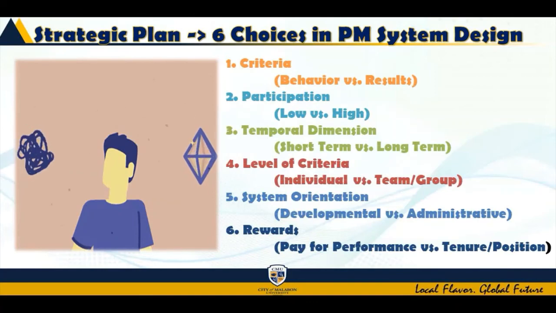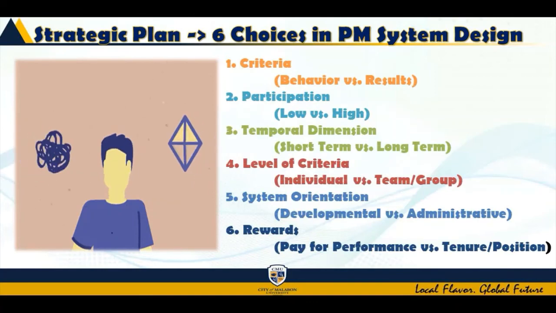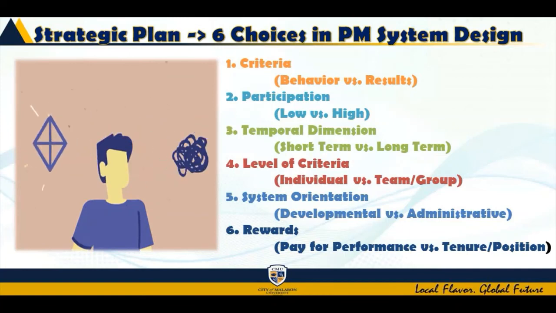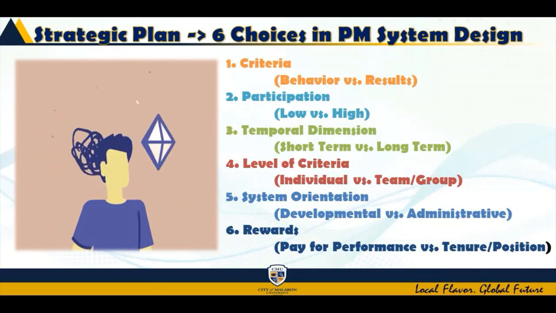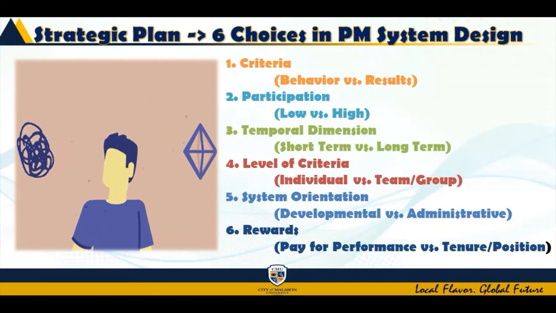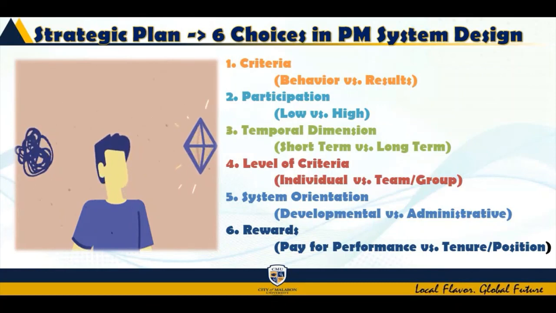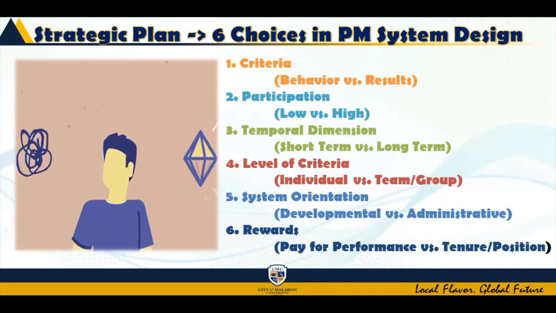First is the criteria. Is our criteria based on behavior or based on results? Second is the participation. Is the participation of our employees low or high? And also we have the temporal dimension. Is this kind of system about short term or long term? Or, in terms of level of criteria, is it individual grade or per group grade, and so on.